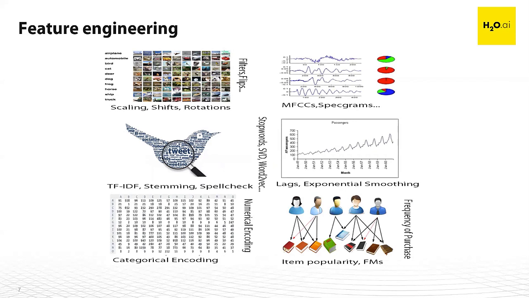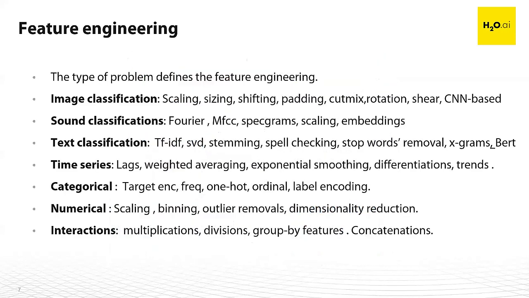In machine learning, we have many different types of problems. On a high level, I can say image classification or computer vision problems, signal processing or sounds, NLP, time series, tabular data, and other types like general optimization, as in linear programming, or recommender systems. Multiple different problems, and each field has its own feature engineering.